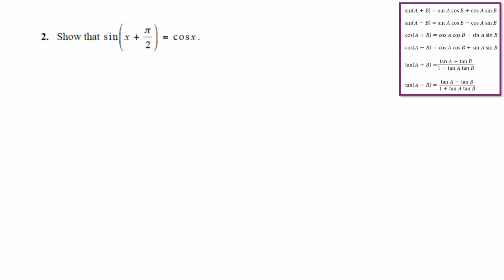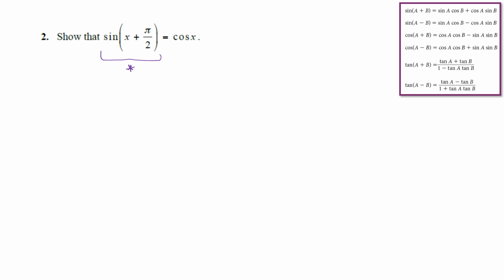Next, we're asked to show that the sine of x plus pi over 2 equals cosine x. This is going to be similar to the identities that we've worked with in previous sections. And we know when it comes to proving identities, we want to start with the side that is the most complicated. In this problem, that is the left-hand side.